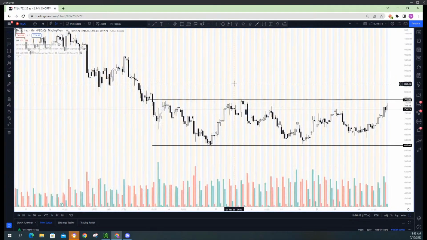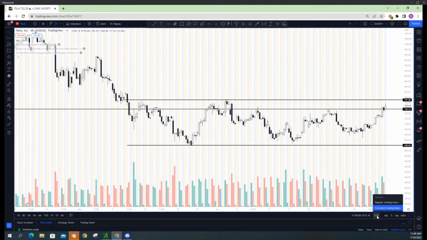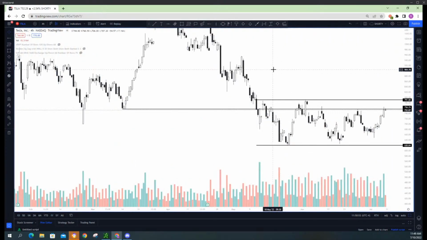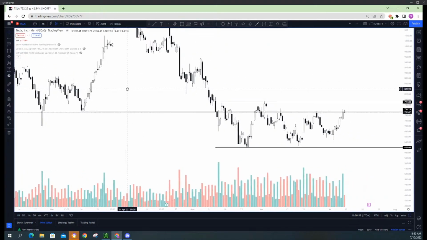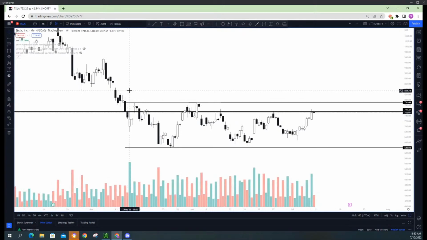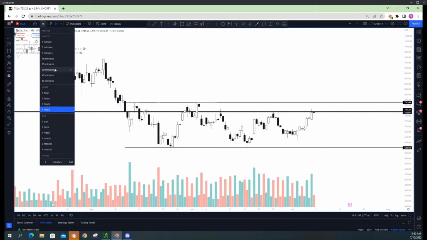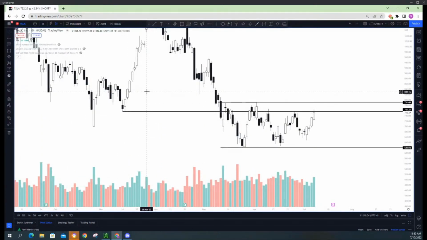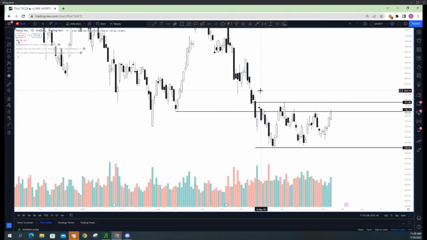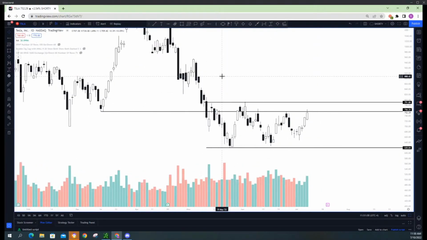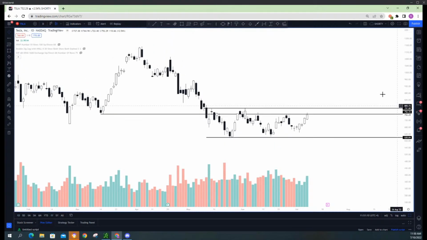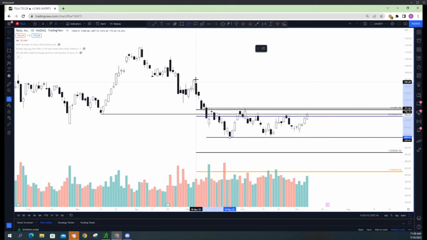Yeah, I'll be interested to see what happens here at this level. It might be setting up, catching up. Are you thinking long or short? I think some people are long and some are short.